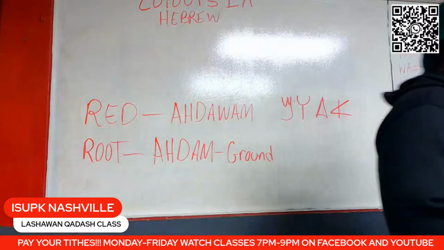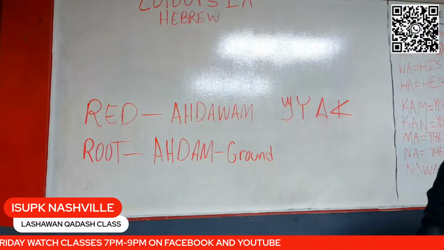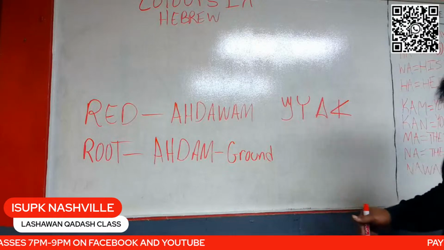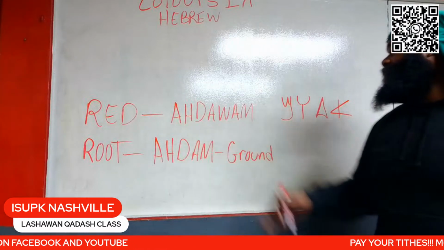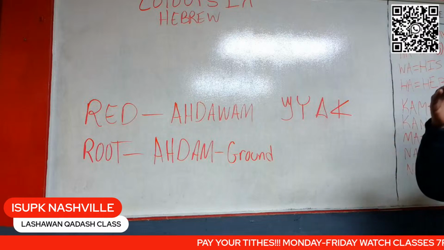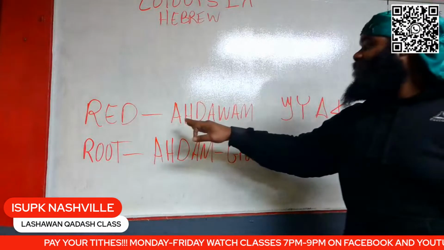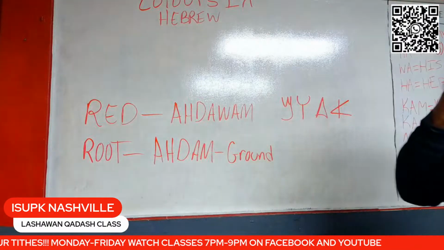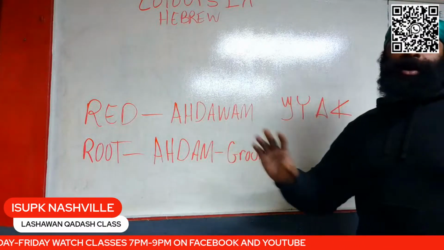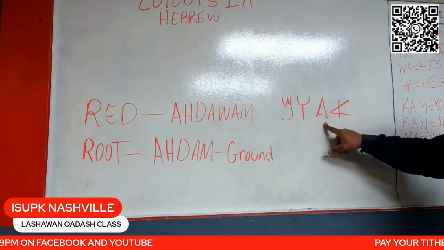So this is how you would write it in the Lashawan Kodash. Now let me put the connectors I was talking about. So you got I, da. The connector that we'll need is an independent connector, because the characters I and da are not dependent on any other character to create their sound. This is I. This is da.